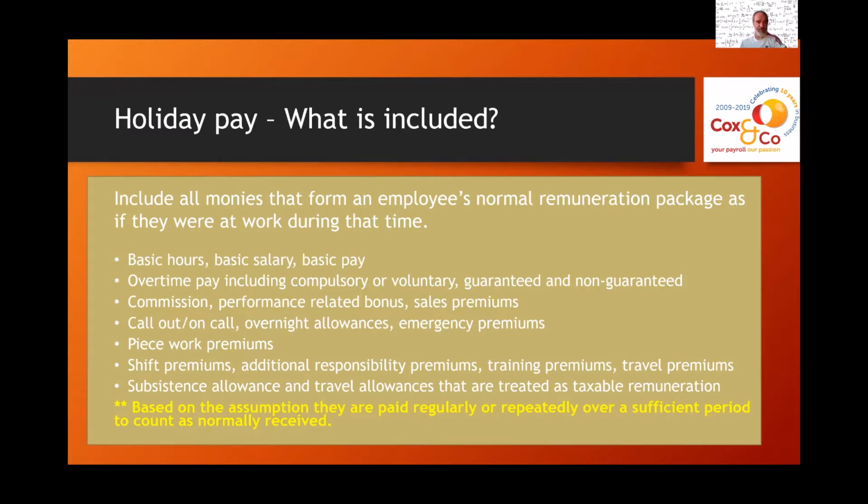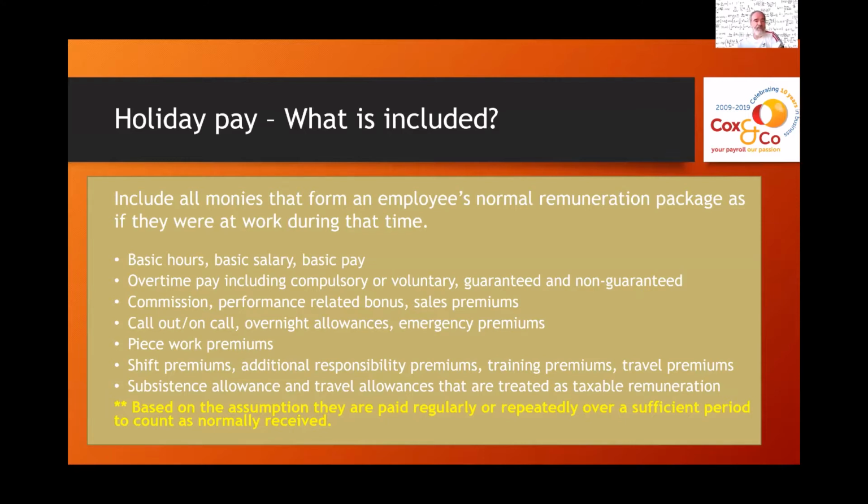I think it gets tricky with things like bonuses and commission. Is it truly discretionary? People have had a hard time for the last 12 months, I want to give them a bonus, and it's not something you can attribute to a time period, and therefore it's very difficult to apply to the calculations.